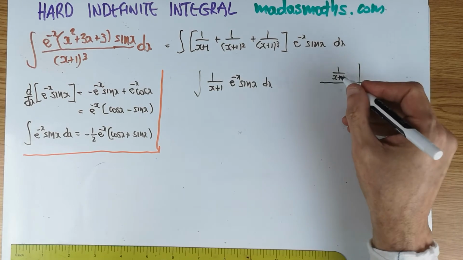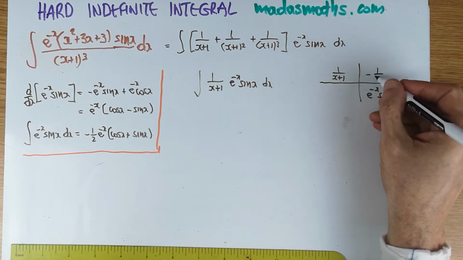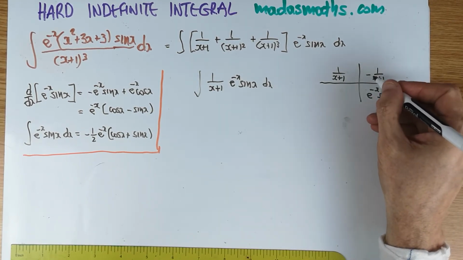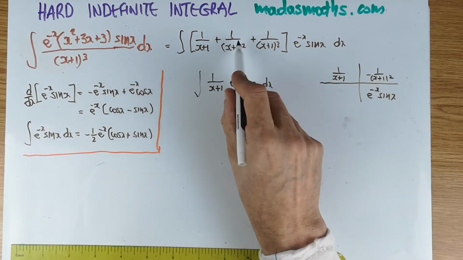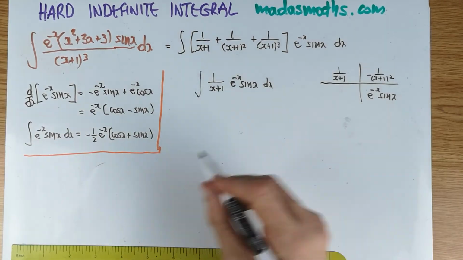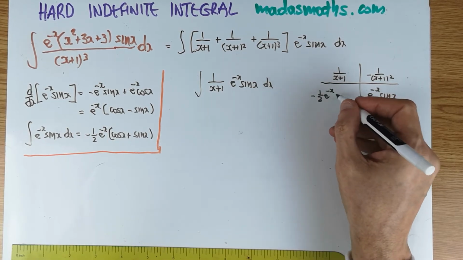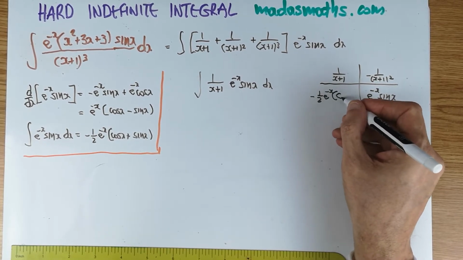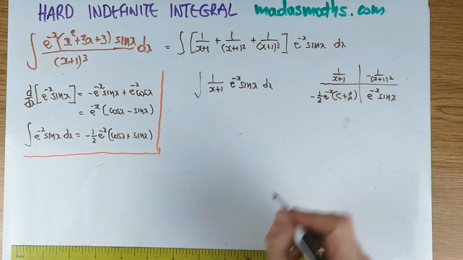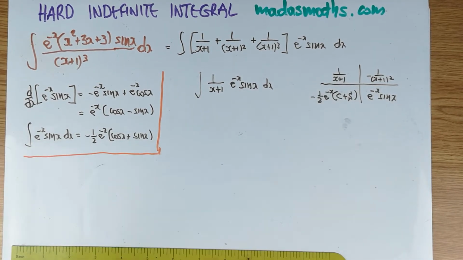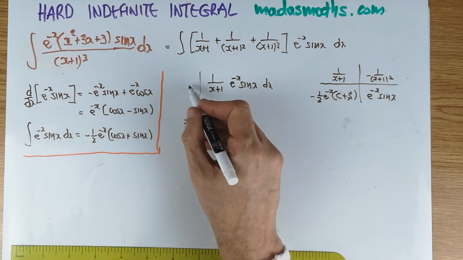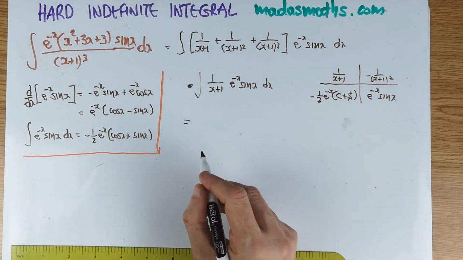When you differentiate that, you get something which looks like this. And this now will take us back to minus a half e to the minus x cos plus sine. I didn't leave enough space. I'm just copying that.